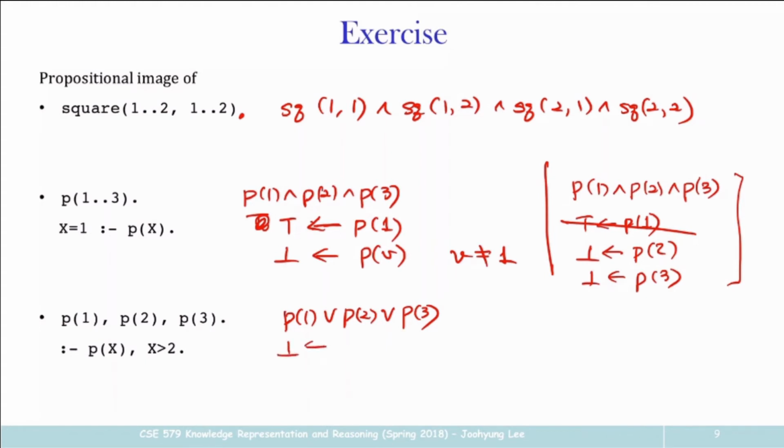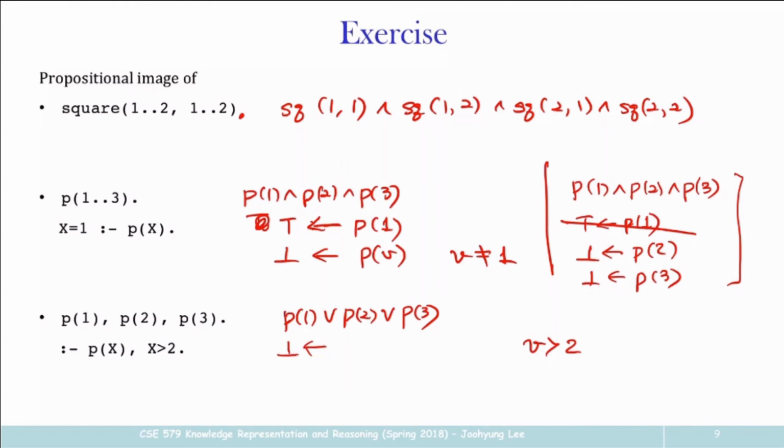So this is bottom. Now there are actually 2 cases, when the value of x is greater than 2 or less than or equal to 2, right? So if you pick some v from the domain and substitute for x, and let's say this v happens to be greater than 2, then what is the instance here?